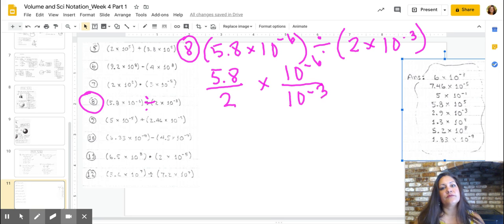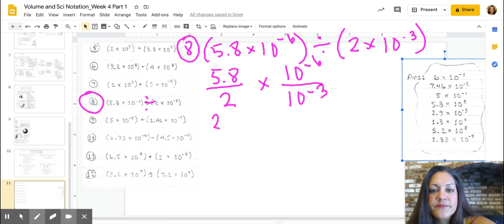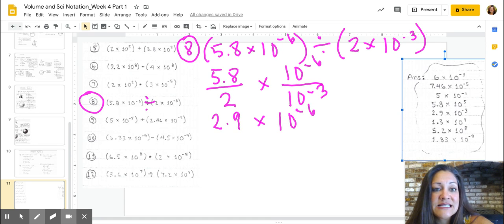Okay, so 5.8 divided by 2 equals 2.9 times 10 to the negative 6th minus negative 3.